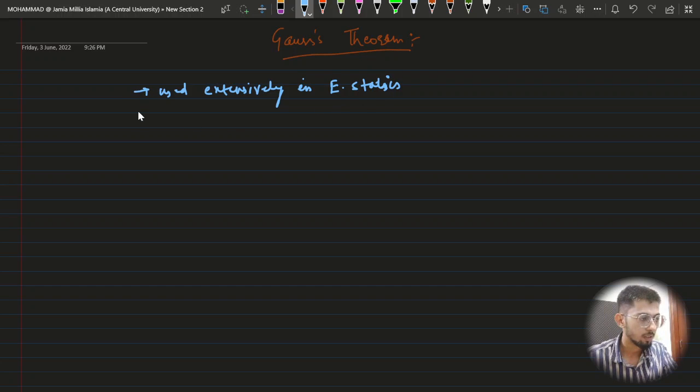So let us see what it is. There is a scientist named Gauss. He gave a theorem which is known as Gauss theorem. Now this theorem gives the relationship between electric flux.